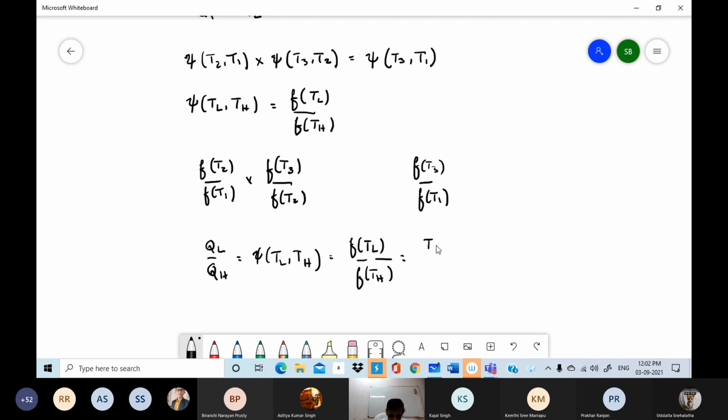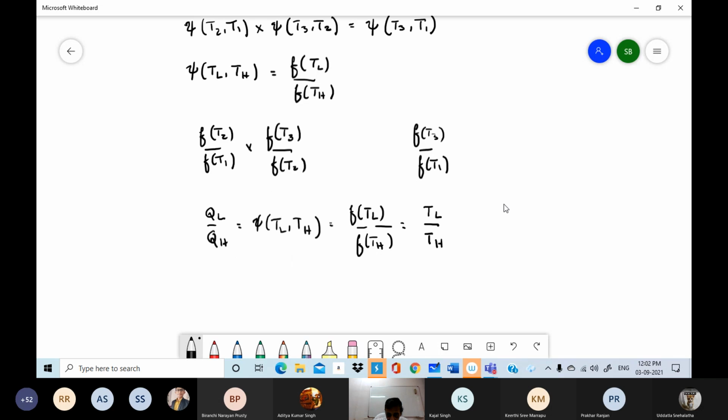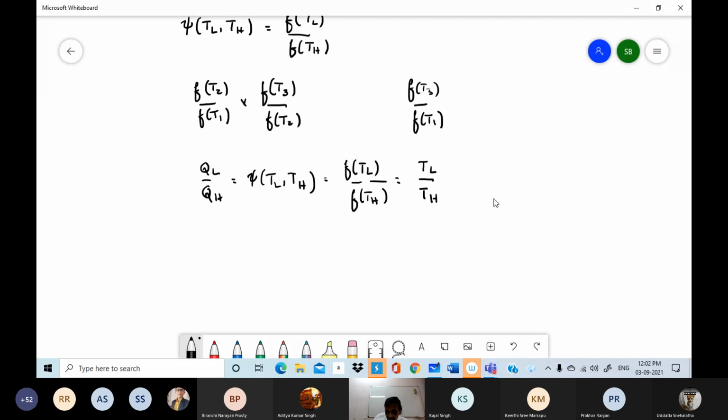Let us say the function is a linear function. In that case, this provides a way of measuring temperature.